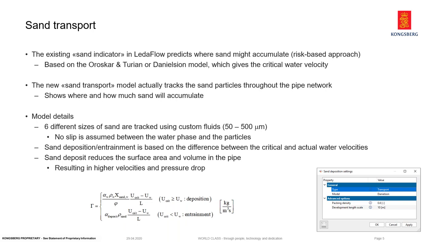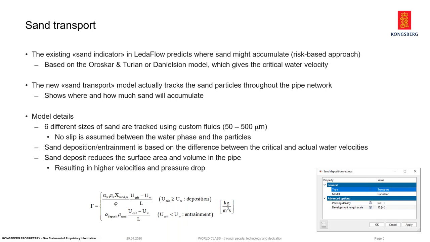So what we've done now is to take this one step further with the sand transport feature, which actually tracks the sand particles throughout the pipe network. It will show you not only where the sand might accumulate, but also how much sand will accumulate.